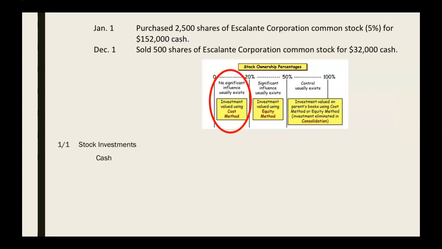So we will debit our stock investments and we will credit our cash. The amount is the money that you spent to purchase all of these shares. This investment cost you $152,000. So we will debit stock investments and credit cash for $152,000.